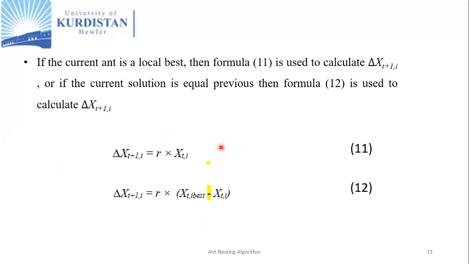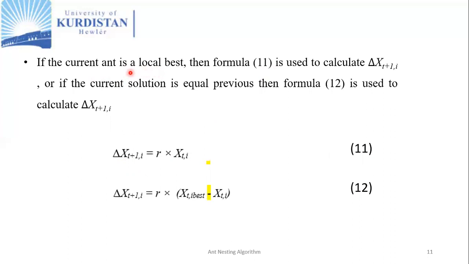Now, we've got a few conditions to find the rate of change. The rate of change can be found by either 11 or 12. Equation 11 can be used when the current ant, the current solution, equals the local best.